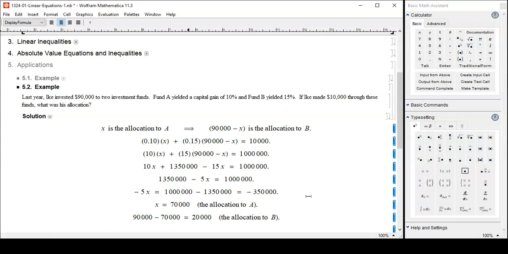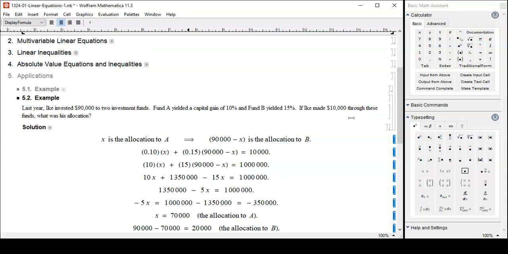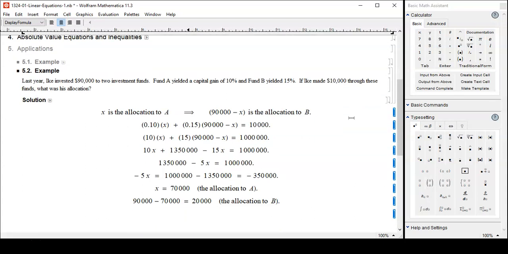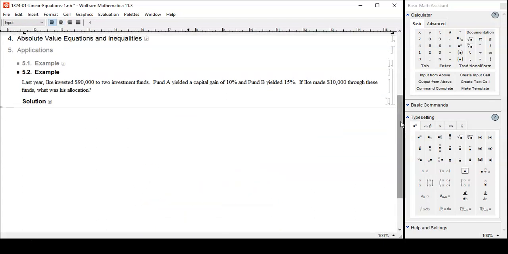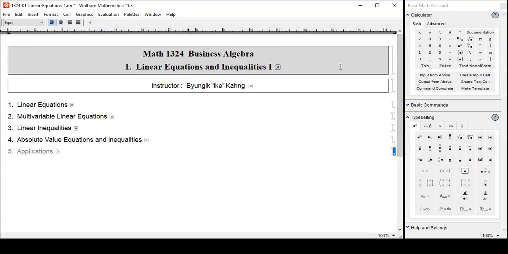By the way, this modeling and this equation setup worked out okay in this problem, but it's not the easiest. It's not the best, not the easiest, at least in my opinion. We're going to deal with a more effective way to handle this kind of problem in, let's see, week 5, I think, when we deal with systems of linear equations.